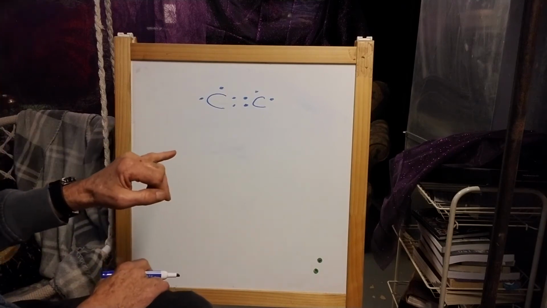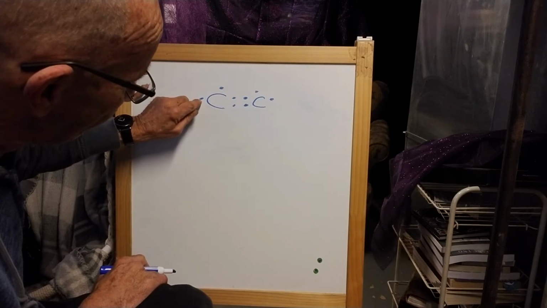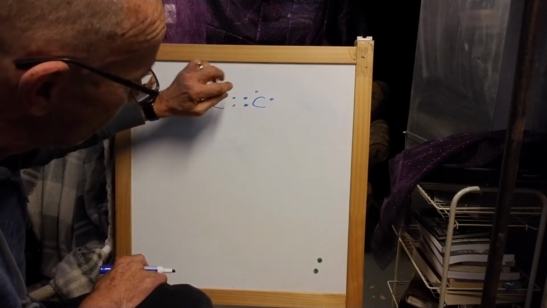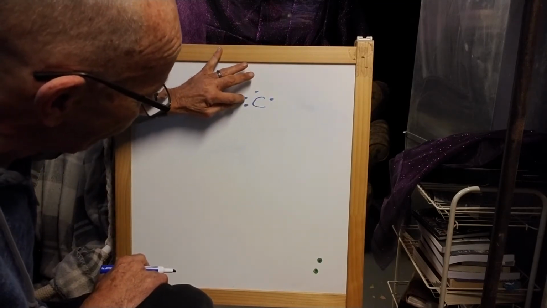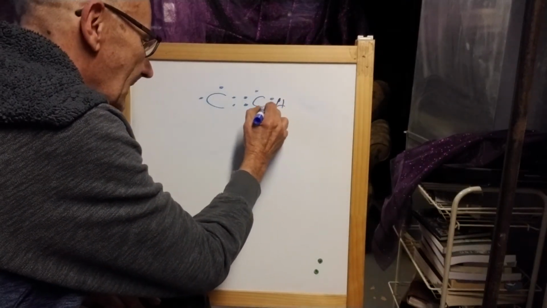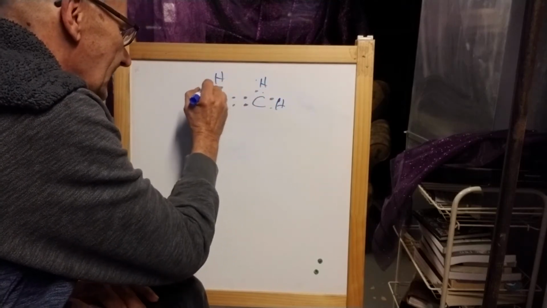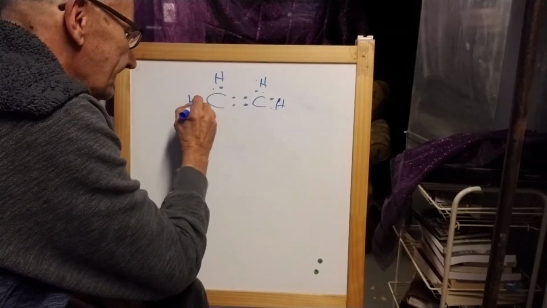This looks a little weird, doesn't it? Here's this carbon's 4 electrons, 2, 3, 4. Here's this carbon's 4 electrons, 1, 2, 3, 4. We could put a hydrogen here, a hydrogen here, a hydrogen here, and a hydrogen there.